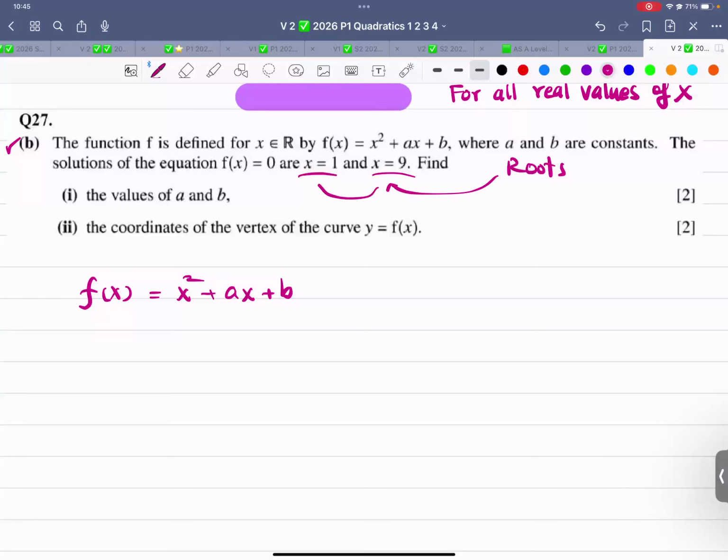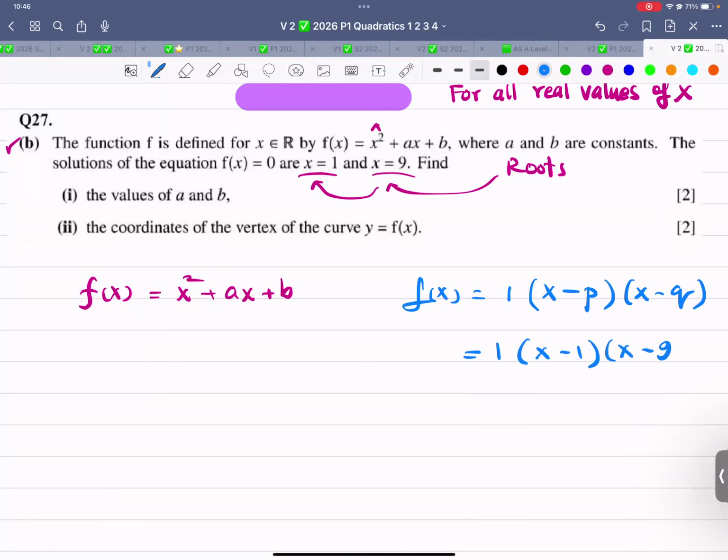The coefficient of x squared is 1. So I can write f(x) equals a, the coefficient of x squared is 1, times x minus p, x minus q. That is 1, x minus 1, x minus 9.